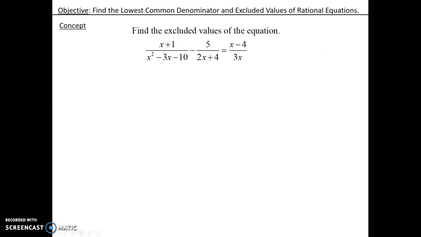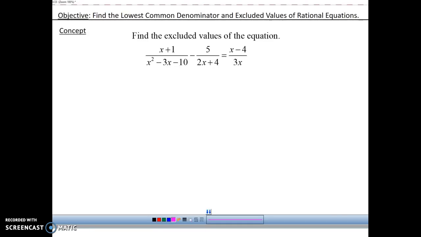In this example, you have to factor again, and I think it's the same as the previous example. So if I factor this again, I had my x plus 1 over, in this denominator, x squared minus 3x minus 10.